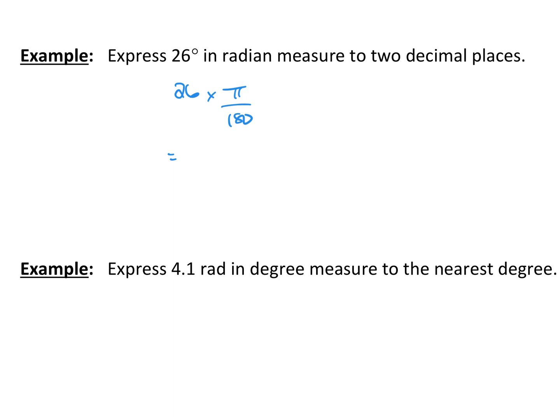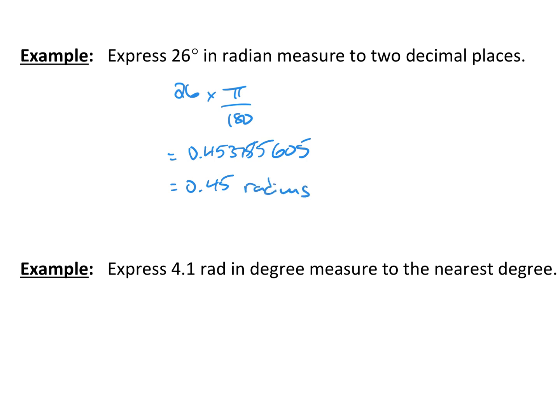What do you get? 0.453785605. To 2 decimal places, we round the second decimal place, so 0.45 radians will suffice.